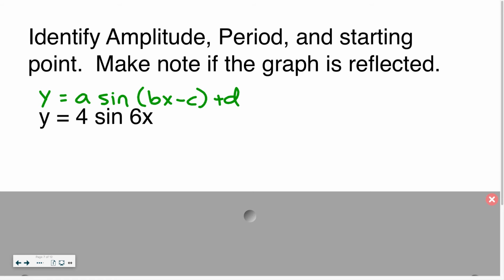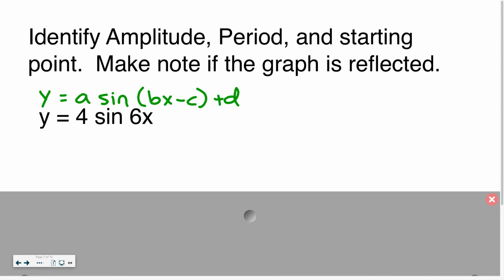What's C and D? 0, because C is being subtracted and D is being added. We must be using the additive identity, which is 0. You can add or subtract 0 from anything, and it's the same thing. If it was a 1, we would actually see it, right? So they must be 0.